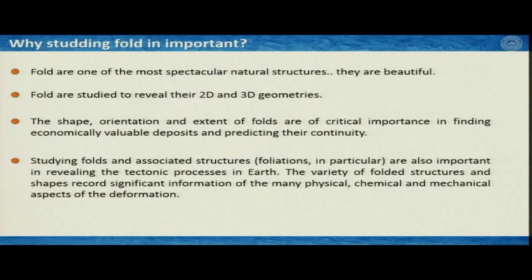Apart from this, the shape, orientation and extent of the folds are of very much importance in finding economically valuable deposits and predicting their continuity. You probably know from your petroleum or hydrocarbon geology lectures that hydrocarbons, particularly oils, are generally found at the top of the folded structure. We will define it later that these are antiforms, but generally at the top of this folded structure you find hydrocarbons.